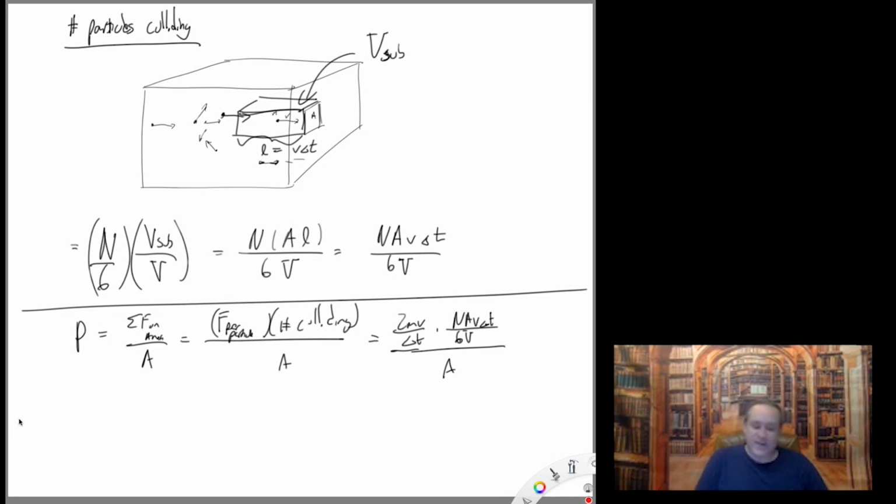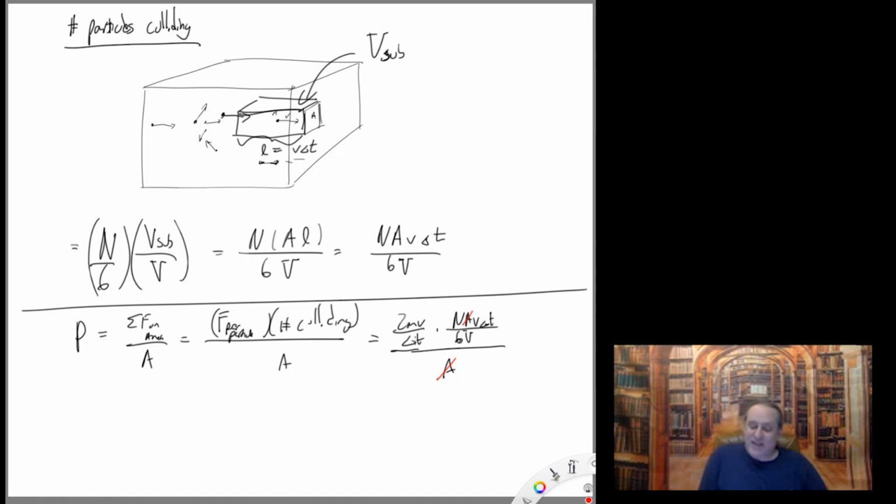So this is a theoretical microscopic description, and it's going to simplify a lot. For example, the areas just cancel out. That's good, because the answer for pressure shouldn't depend on the area that we imagined, right? We just imagined an area. So that area cancels out.